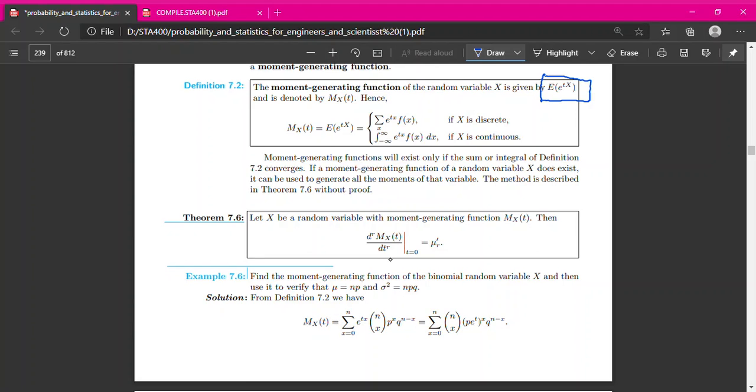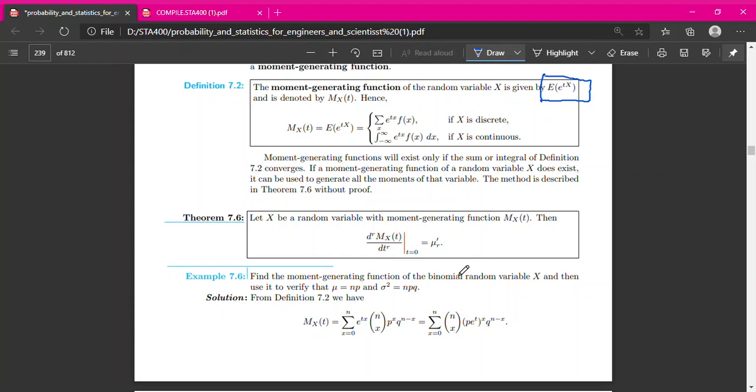Differentiate lagi sekali, the second order differentiation. Kalau differentiate lagi sekali, gantikan t dengan 0, then you akan dapat second moment about the origin, and so on. Okay.